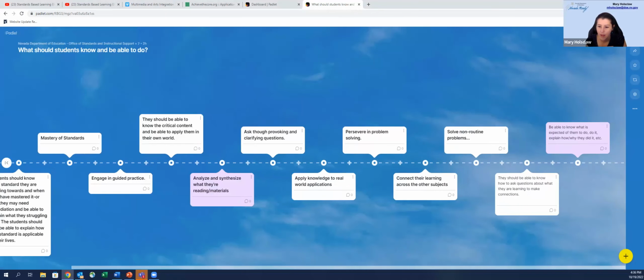Should be able to know how to ask questions about what they're learning to make connections. Yes. It goes back to our first introductory question. Like what we understand and hope to gain from this session. Be able to know what is expected of them to do it, explain how, why they did it, etc. You're awesome.